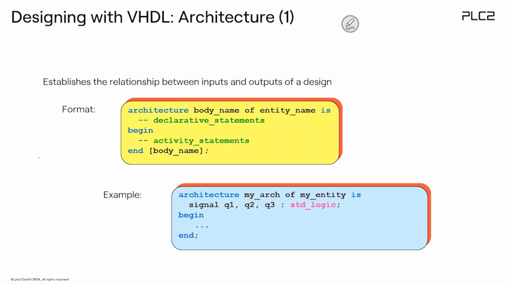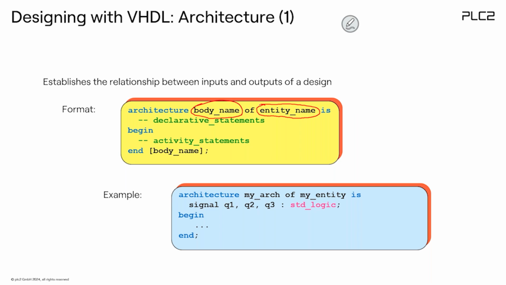So this means the formal way now to define the architecture would be, in this case, we define architecture with a name. That's actually just a name. Again, it could be whatever you like, but that's a reference to the entity, because this architecture belongs to the entity.